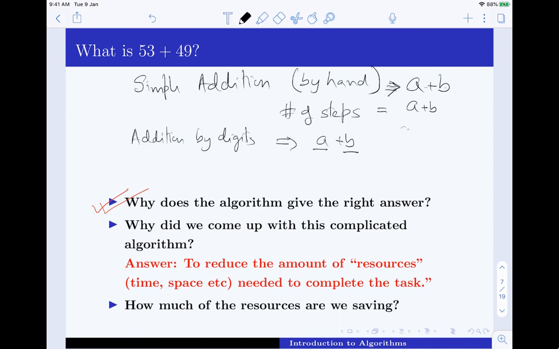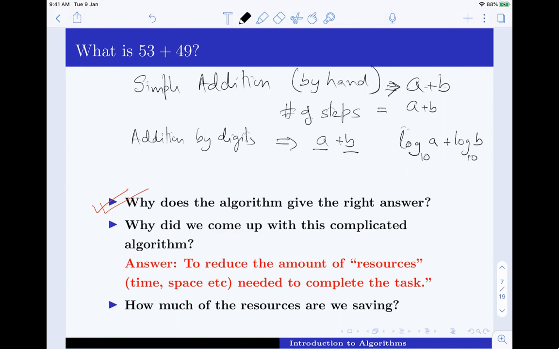So the total number of digits required to write A is nothing but log to the base 10 of A, and the total number of digits required to write B is log B.